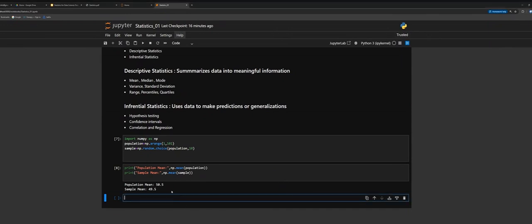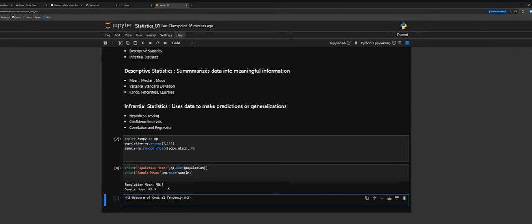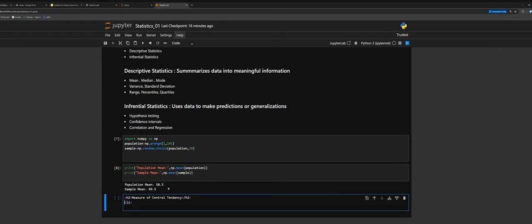Now we'll see measures of central tendency. What all falls under measures of central tendency? Mean.